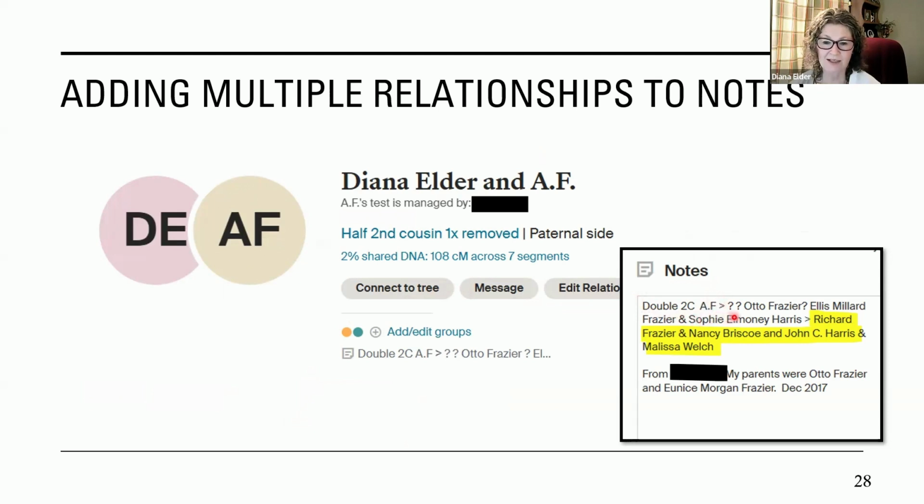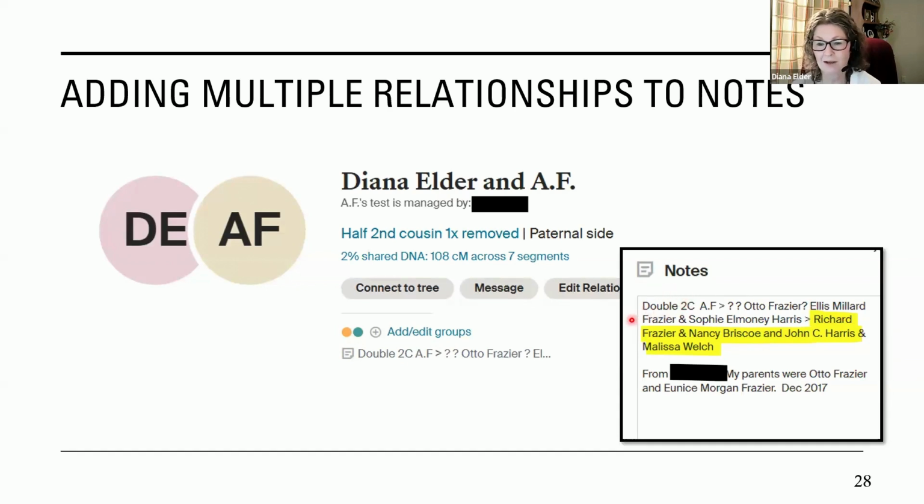In this case, I'm not sure who the father is, so here's an example of my question marks where I think this is how it goes, and then where I pick up who I'm sure of, and then the common ancestral couples. Notice there are two, they're both there. So this alerts me right on my match page. Whenever I see this person, I remember, okay, this is a Fraser and this is a Harris person. It didn't take a lot of extra room to write that out. I just used double second cousin.